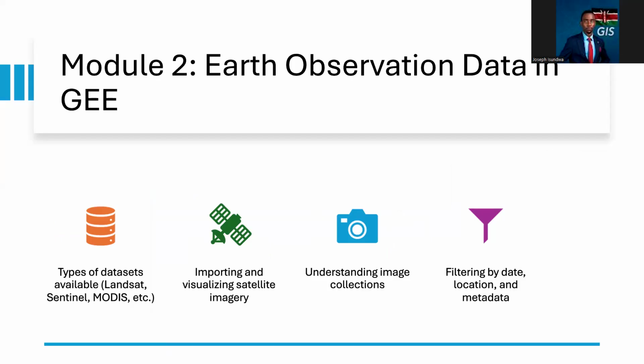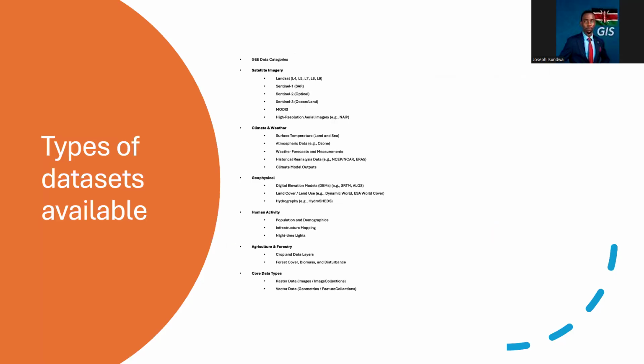The types of data sets that you can have in Google Earth Engine include Landsat, Sentinel, and MODIS, right? Of course, there are many others. We'll also look at how we are going to interact with this data as we continue.